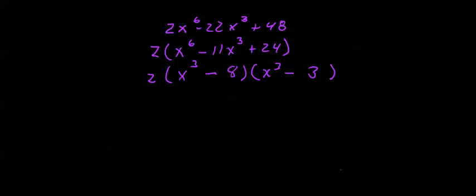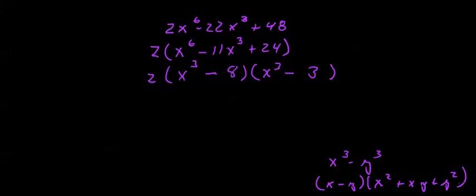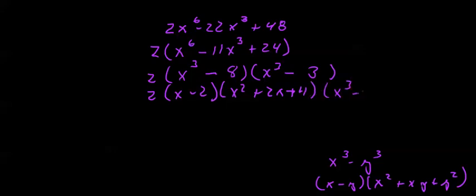We had a formula: x cubed minus y cubed was x minus y times x squared plus xy plus y squared. So here we're going to use x and 2 instead of x and y. We have x minus 2, and then the quantity x squared plus 2x plus 4, and then we have x cubed minus 3.